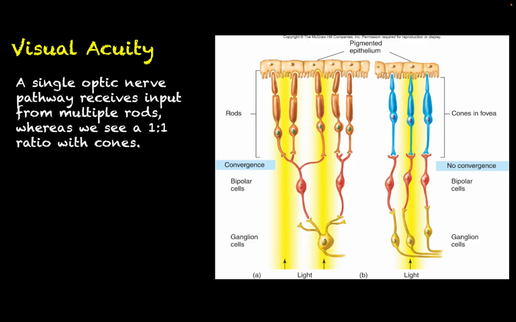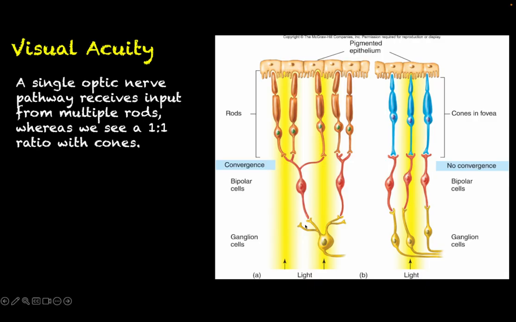So why is it that cones produce better detail than the rods do? There are several reasons, but the physiological reason we're going to focus on here is the ratio of rods to the other cells in the retina and the ratio of cones to other cells in the retina. A single optic nerve pathway is going to receive input from multiple rods. This cell down here is called a retinal ganglion cell, and its axon makes up the nerve pathway that leads out through the back of the eyeball through the optic nerve.